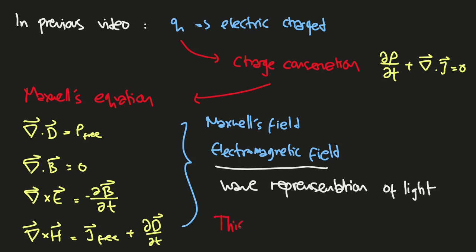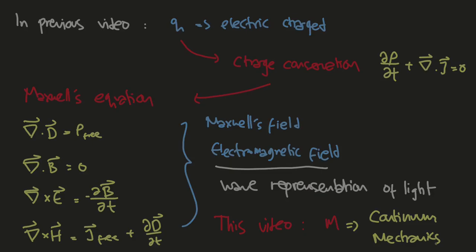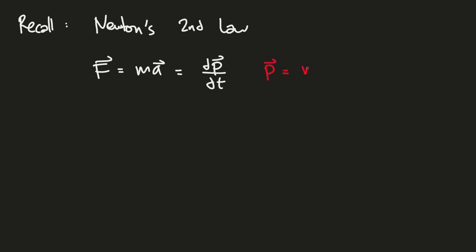But in this video, we focus on M, or mass, which generates the other side of physics: continuum mechanics. Here, we recall Newton's second law of motion as this equation, where P relates to the multiplication between mass and the vector of velocity, and this formulation is only valid for one single particle.